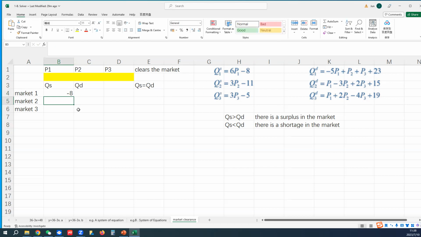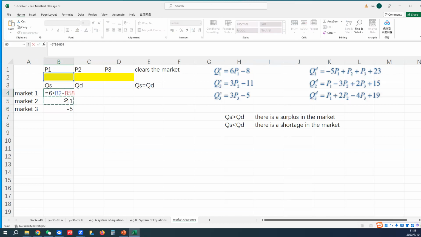Let's start with those quantity supplied. Quantity supplied for market 2 is 3 times of P2 minus 11. Just double check to see if the cell that you are invoking is correct. And market 3 quantity supplied is 3 times of P3 minus 5.